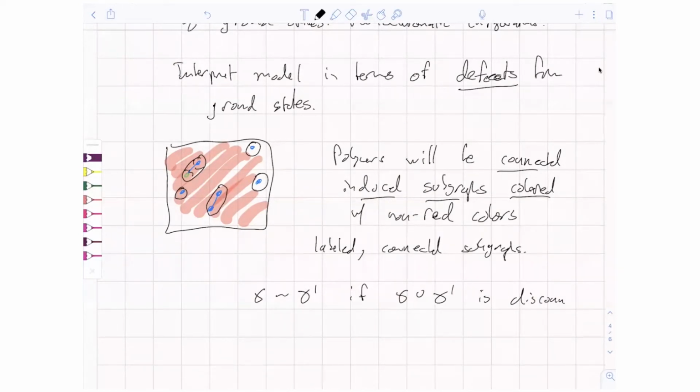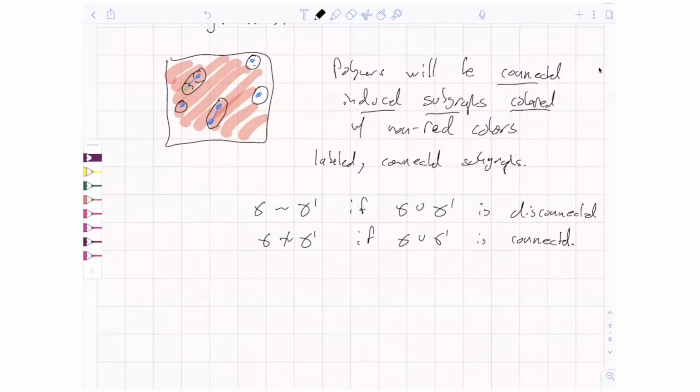Or in other words, gamma is incompatible with gamma prime if their union is connected. And why do we want to say that these are incompatible? Because really we want their union to be a polymer itself. So in this picture, what I've drawn, I have 1, 2, 3, 4, 5 polymers.